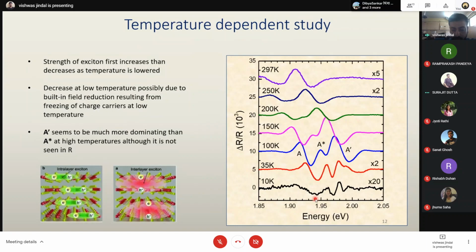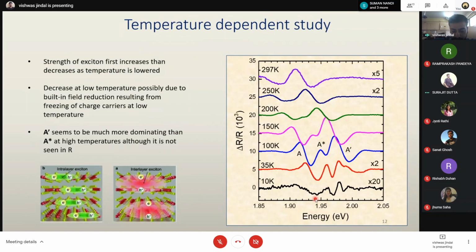But I think I saw a paper which mentions that as you go down in temperature, the mobility decreases in these materials. So this is one signature of that. Because the mobility is decreasing, the modulation mechanism is going down.